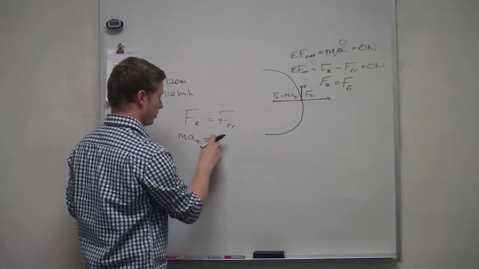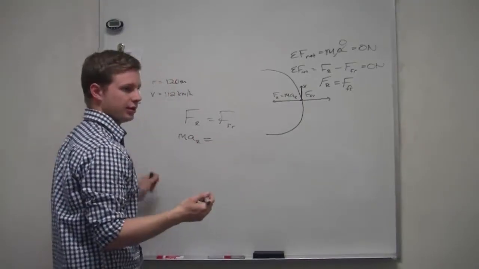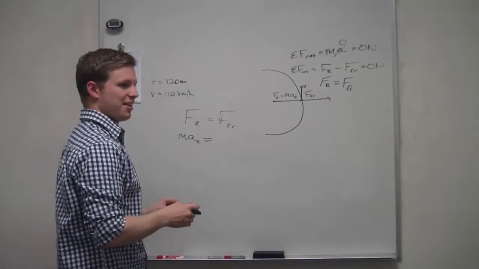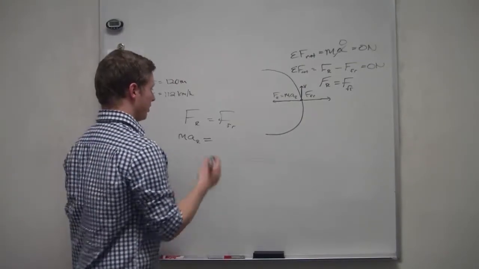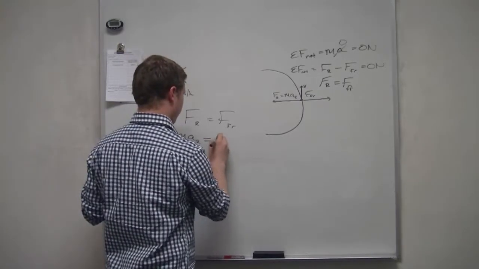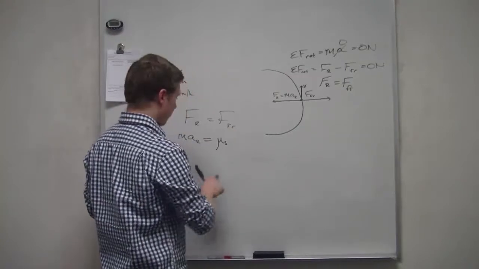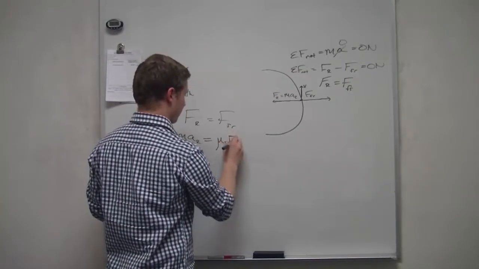And then, what's the equation for friction? We're going to use mu, our coefficient of friction. In this case, it's static friction, times the normal force.